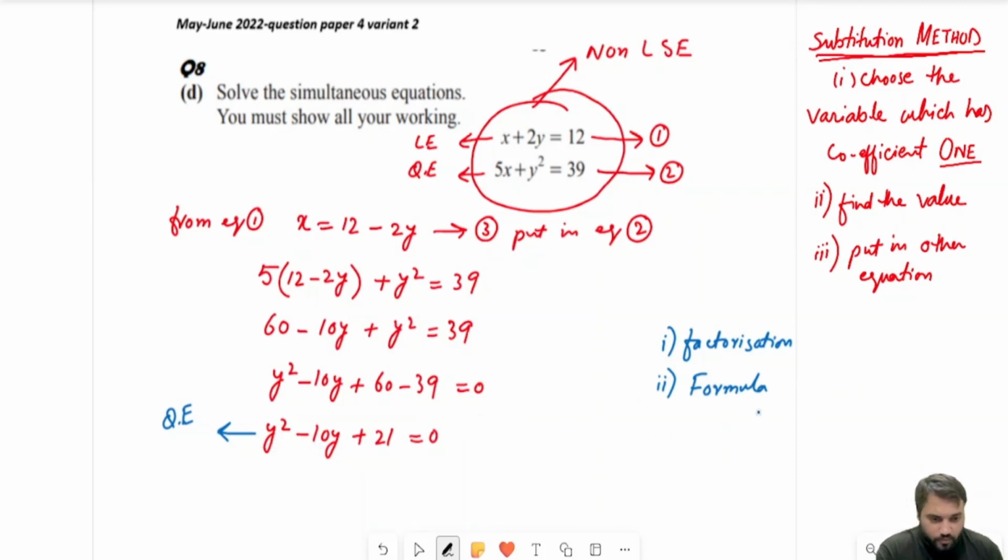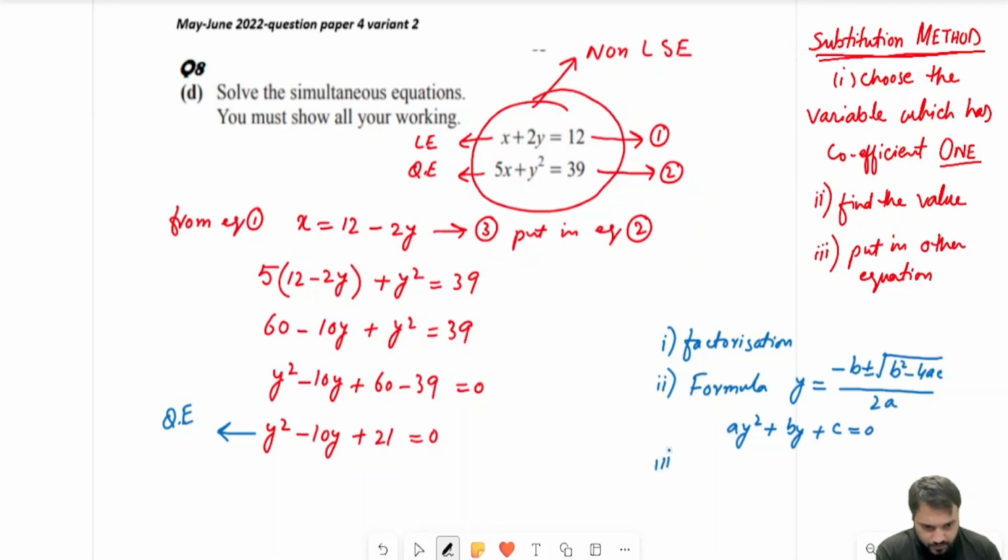We have variable y, so the formula will be y = (-b ± square root of b squared minus 4ac) over 2a. The standard form of the quadratic equation in the y variable will be ay squared + by + c = 0. The third method is the completing square method.